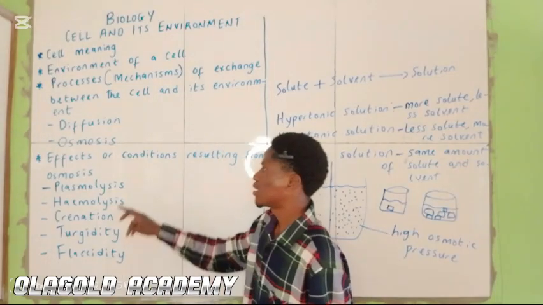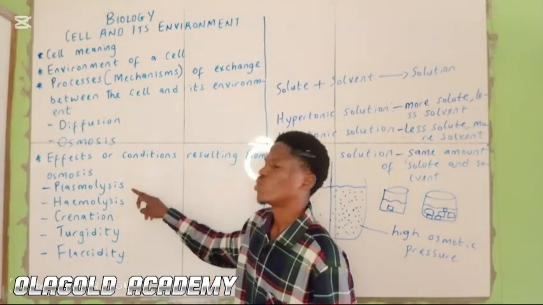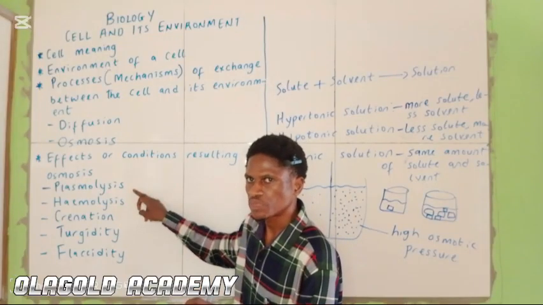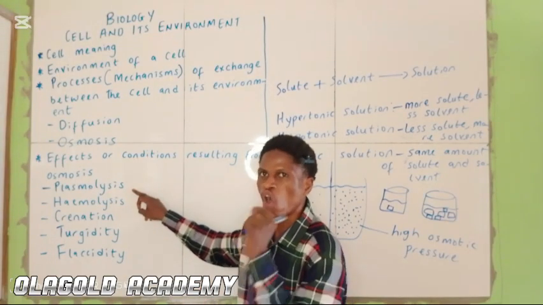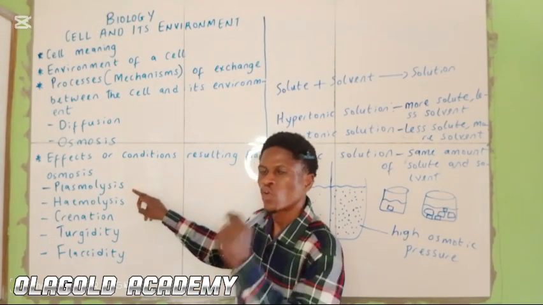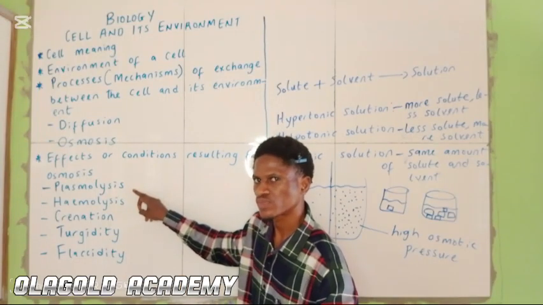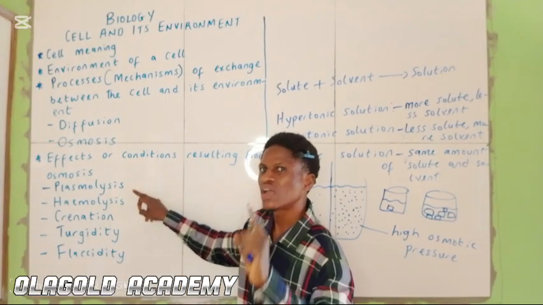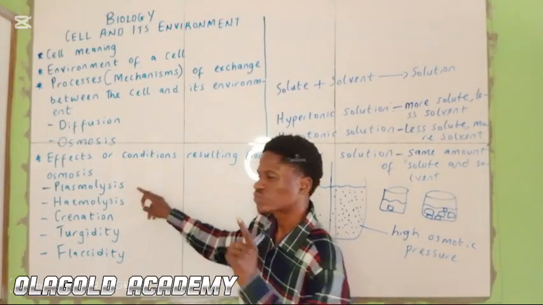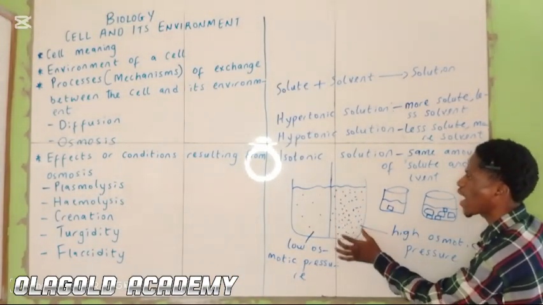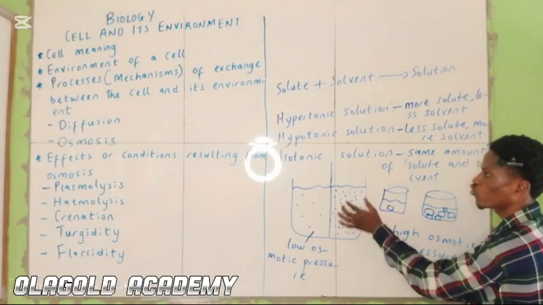I said that plasmolysis is the movement of water molecules outside of a plant cell when placed in a hypertonic solution. Listen, a hypertonic solution is what? It's a solution that contains what? High amount of solutes.